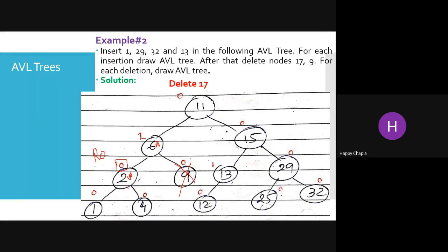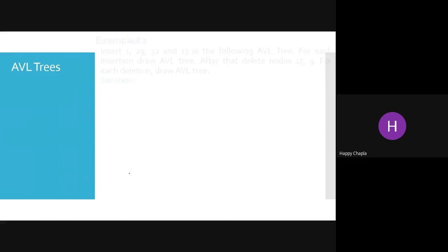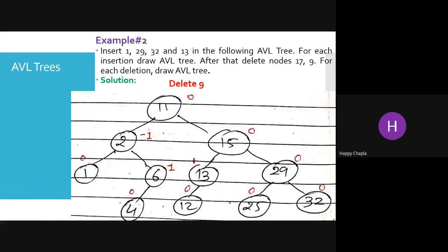So who will become your root? Maybe your 2 will become the root, and 6 you can insert at the right of the available root node. T1 is at the same place, but T2 is always the left of my A. Okay, so that is the scenario of our R0 rotation. Clear?